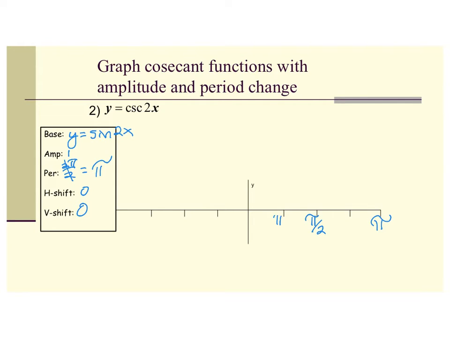Pi over 2, pi over 4, 3 pi over 4. Negative pi over 2, negative pi, negative 3 pi over 4. That was over 2, and that one was over 4. Sorry about that. And this is just negative pi over here, hidden by the box. My amplitude is unchanged, so it's just 1.